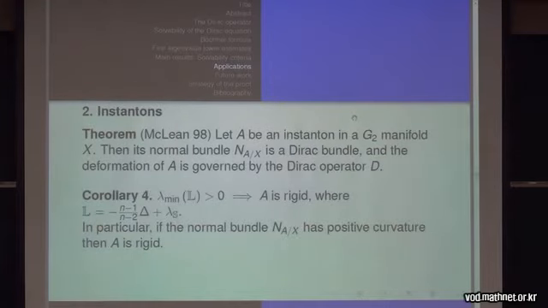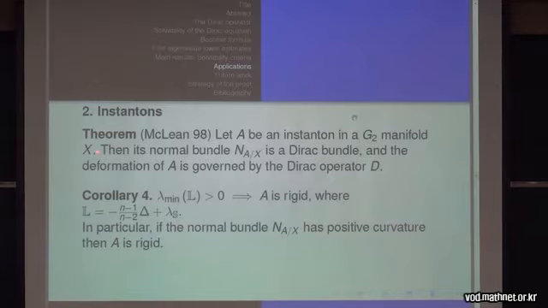The next is about the instantons in G2 manifolds. A G2 manifold is a 7-dimensional Riemannian manifold endowed with a parallel cross product, and an instanton A is a submanifold calibrated by the cross product.